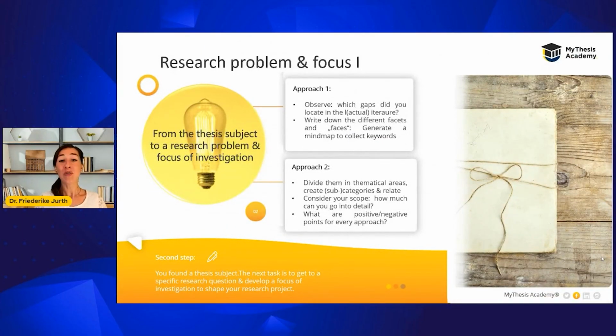Now we are getting over to the next question, which is the research problem and the focus, principally the focus. If you found a thesis subject that is interesting for you, the next step and the next task will be to develop a research question with your aims and objectives, and also to shape a certain focus.